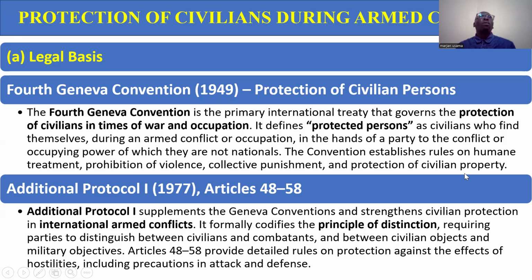So if you want to read the details of how civilians are protected, you have to go to the Fourth Geneva Convention and read it in detail. It defines who the civilians are: protected persons who find themselves in the midst of a war, for example. The convention clearly states that this group of people should be treated in a humane way.